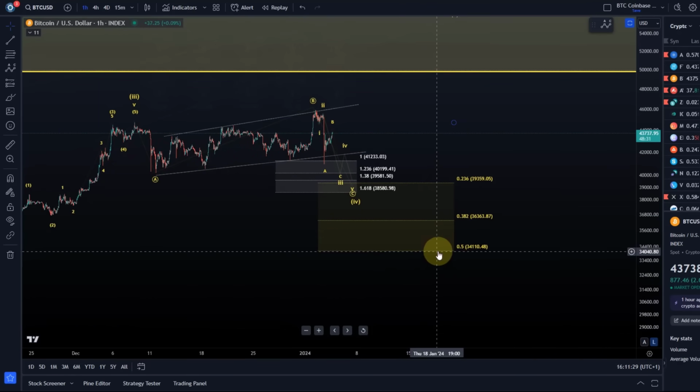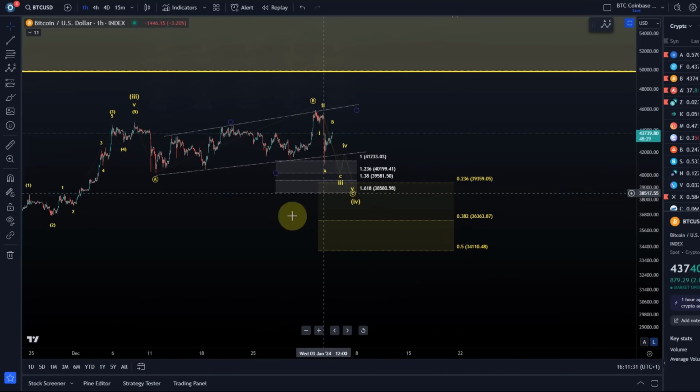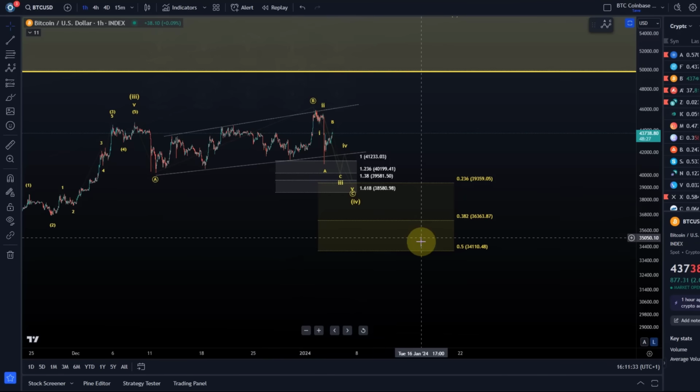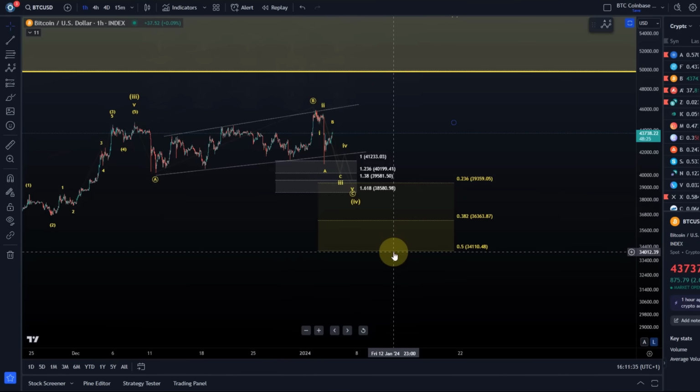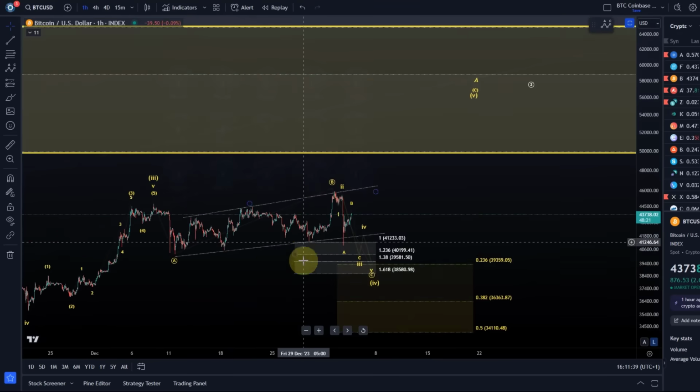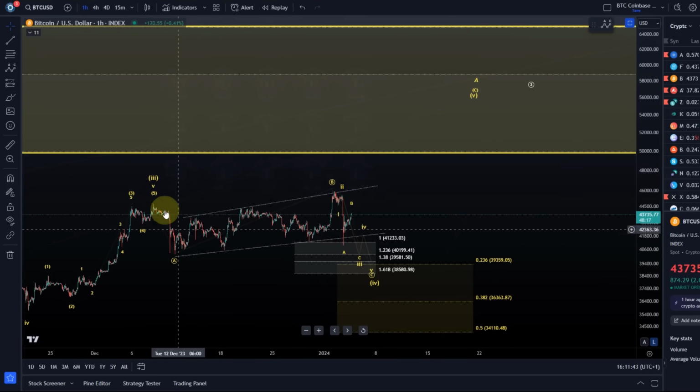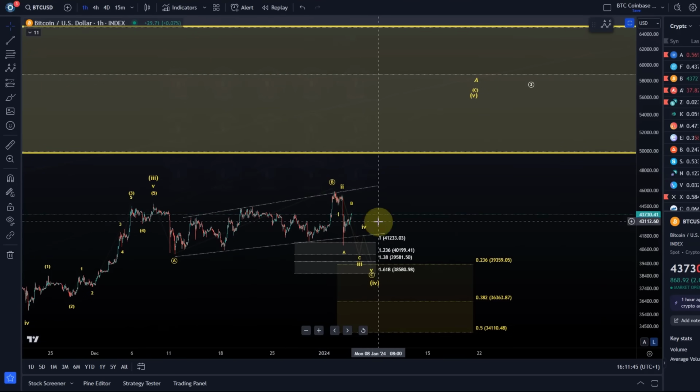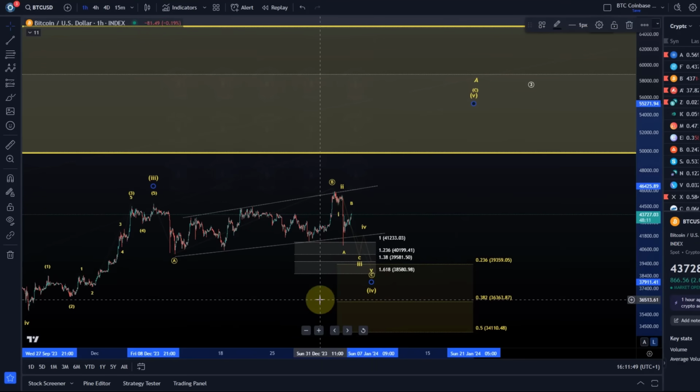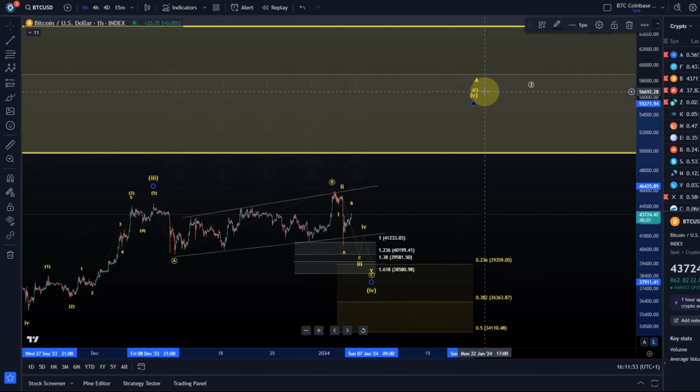That's really the first significant support level. We are far away from it. So I don't see a major risk that this is going to be taken out at the moment. It's of course possible, but for now the price seems to follow the analysis and it's just chopping around a little bit in a corrective pattern, which is typical for a wave 4. So that wave 5 is still what I'm looking for in the coming weeks.